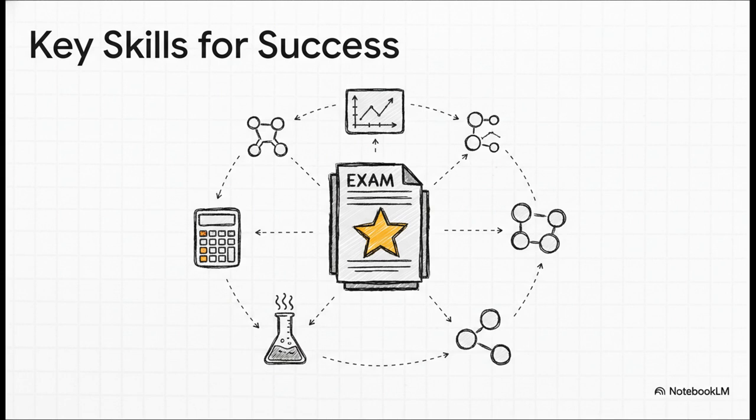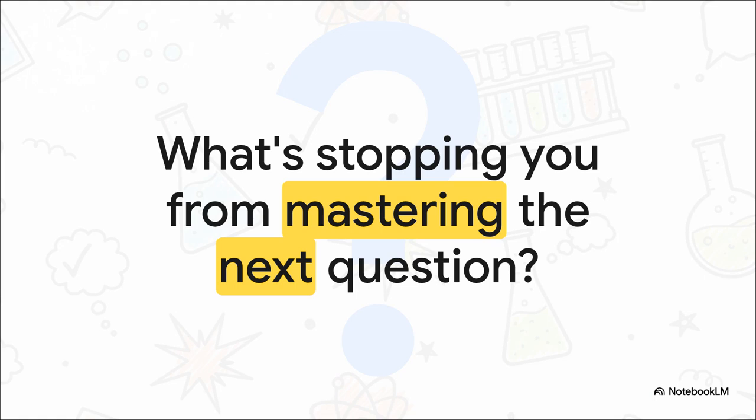But more than that, it proves that using the precise scientific language that examiners are literally trained to look for is the absolute key to success. You see, it's not just about knowing the chemistry, it's about understanding the game and how you're being marked. By using the mark scheme as your practice guide, by focusing on building those clear, logical arguments we've talked about today, you can walk into any exam and face any question with confidence. So really, what's stopping you from mastering the next one?